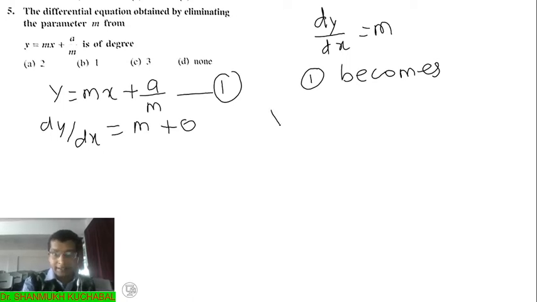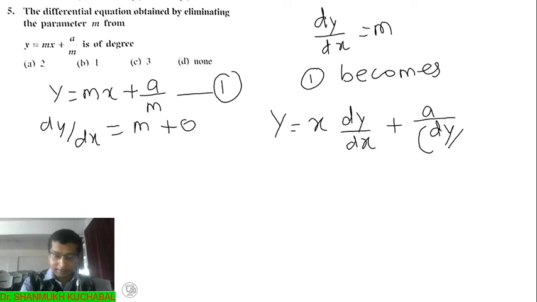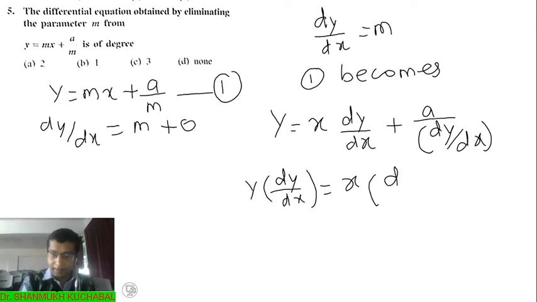So we get y equal to x into dy by dx plus a divided by dy by dx. If we simplify this, we multiply both sides by dy by dx. We get y into dy by dx equal to x times dy by dx whole square plus a.